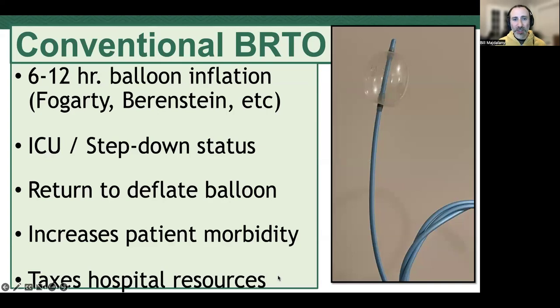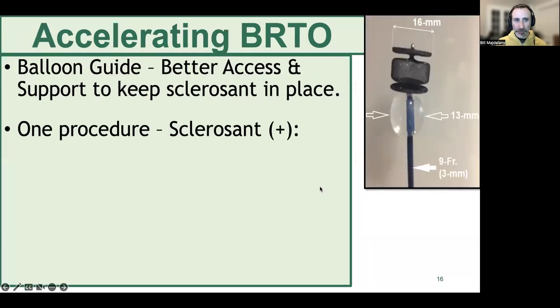We then wait 6 to 12 hours with the balloon inflated. It was either a Fogarty balloon, a Berenstein balloon, etc. We'd watch the patient and then bring them back for a second procedure where we would deflate the balloon and ultimately remove it. Now this obviously delays and prolongs the procedure, exposes the patient to morbidity, and stresses the hospital.